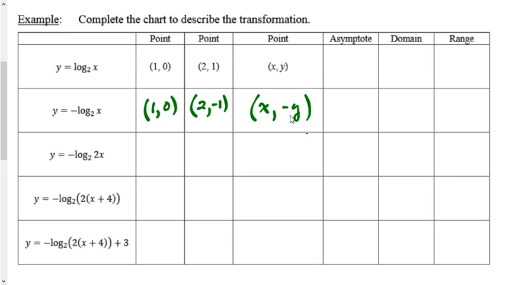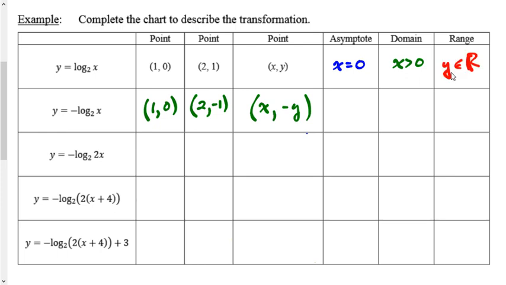Now for the original function, we didn't fill in these last 3 columns, but just a reminder that a logarithmic function has a vertical asymptote at x equals 0. The domain is x is greater than 0, and the range is all real numbers.